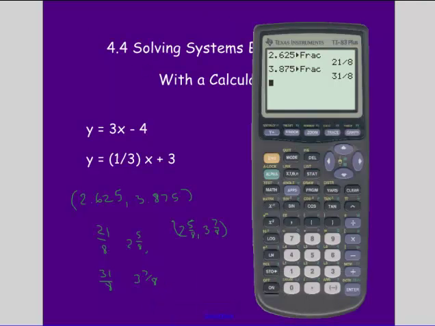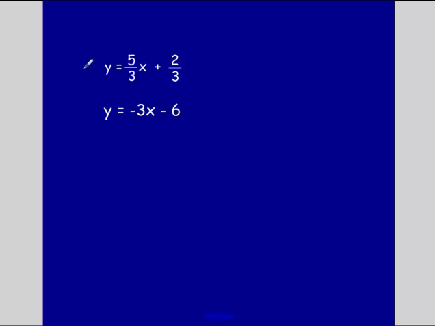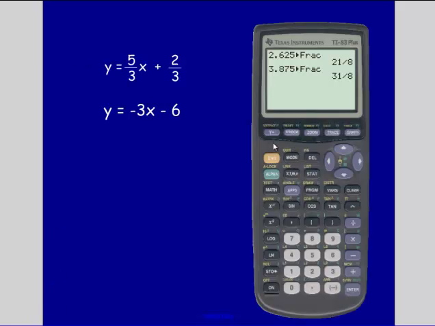Okay, next one. Go to y equals, plug these in. I'm just going to clear these. Parentheses around my slope when they're fractions. Whenever you're using the negative button, make sure you use this, or else you're going to get a syntax error.